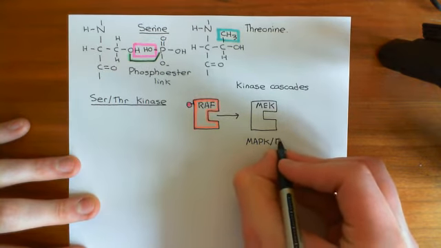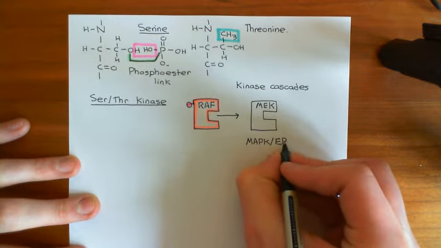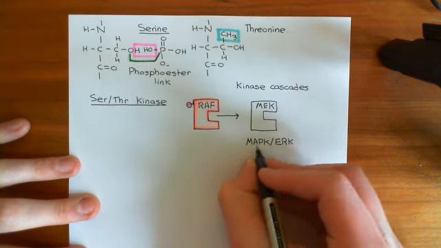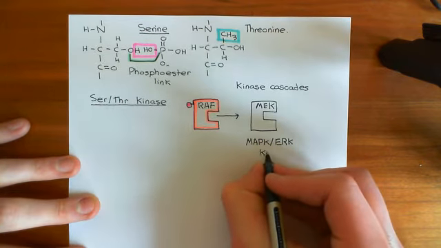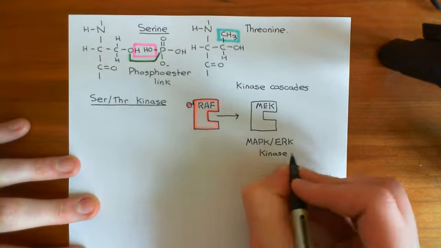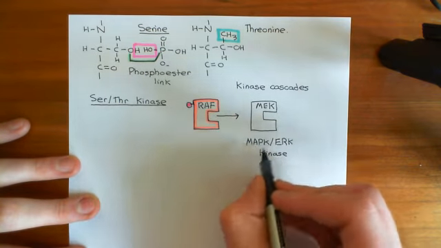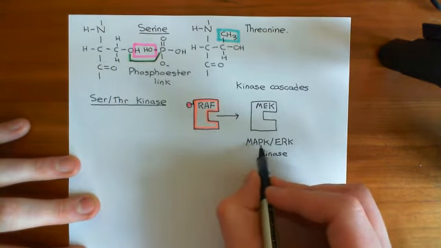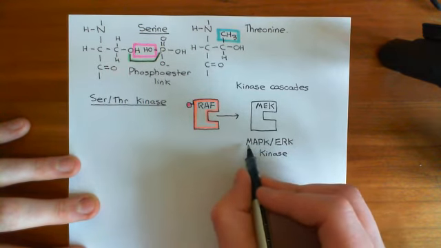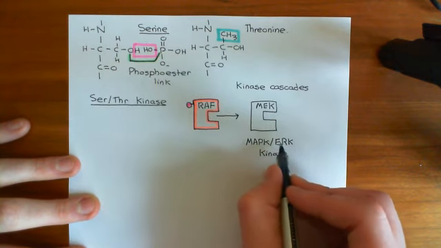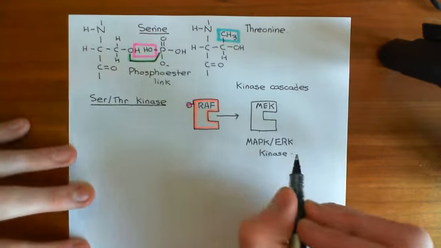Now, this enzyme also has another name. It's also known as ERK. And we'll see what both of these stand for in a moment. So the E then here is for ERK, and then it's kinase. So because the target of this enzyme has two names, MAPK and ERK, we say that this enzyme can be called the MAPK/ERK kinase.